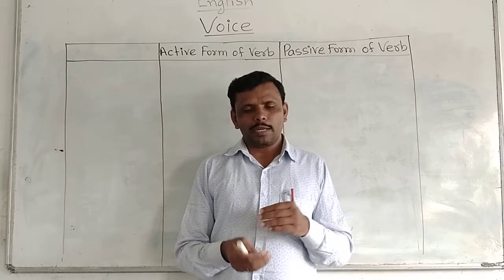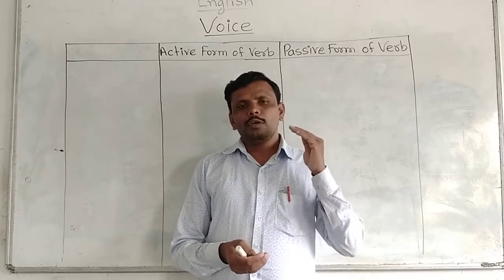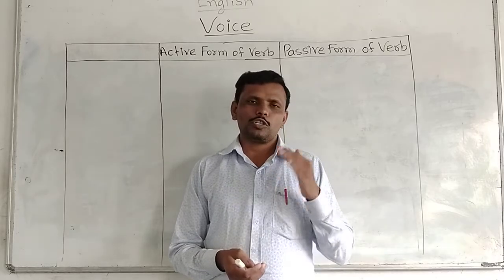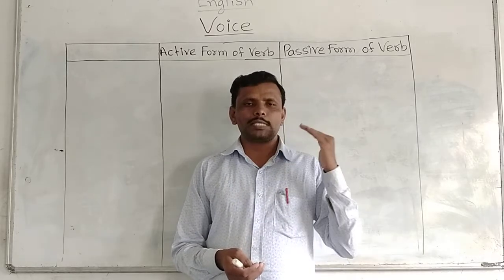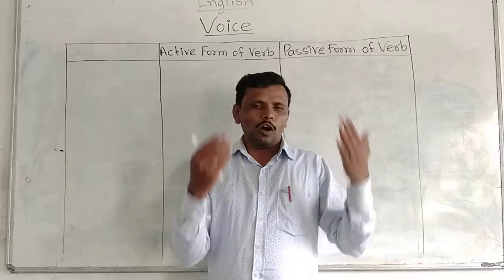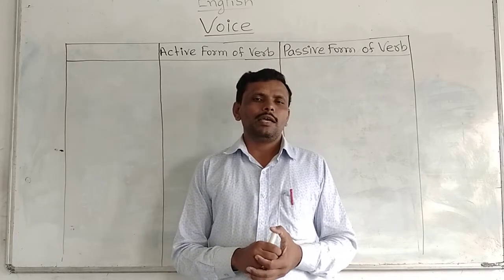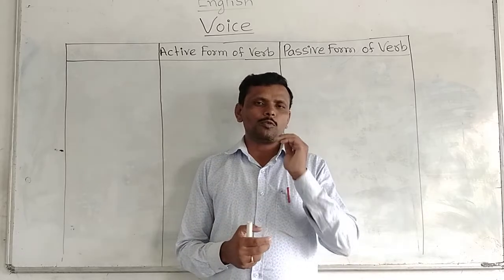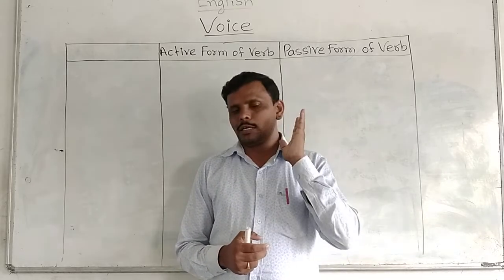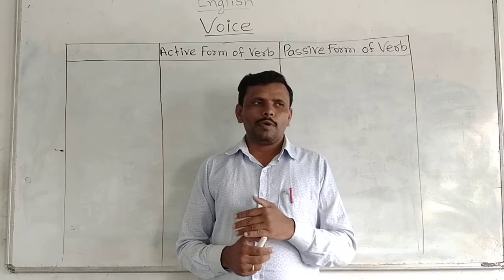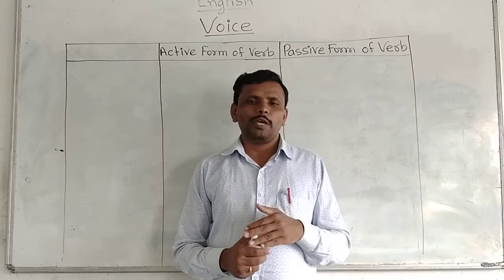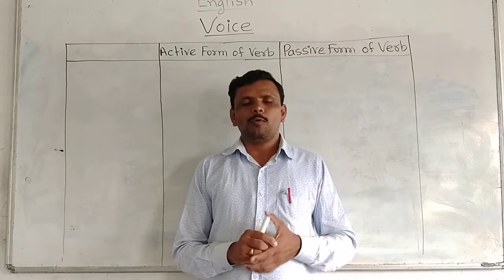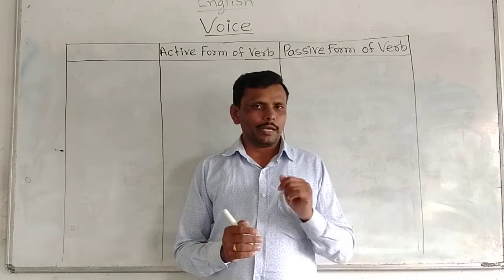Then future perfect tense, its active form is shall/will plus have plus V3 and the passive is shall/will plus have plus been plus V3. All these active forms and passive forms with tense you have to keep in your mind, correct? While solving the examples we have to take the help of those active forms and passive forms, correct?